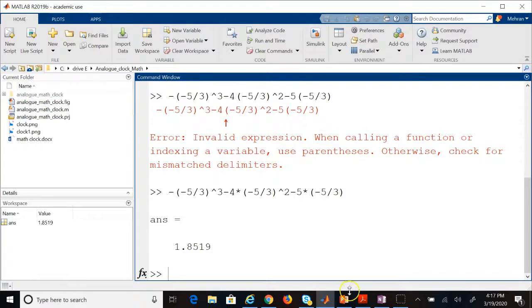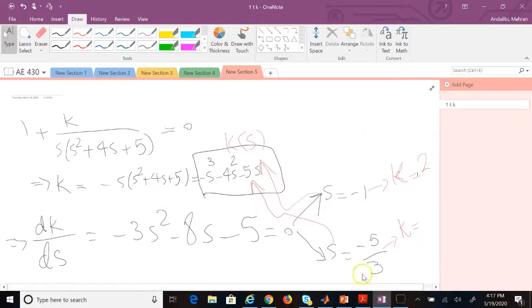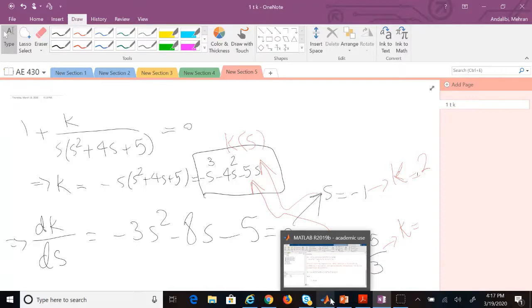Did I make any mistake? Okay, let me make sure I'm not making any mistake, because I didn't solve this example right before coming. I just wanted everything to be real time.